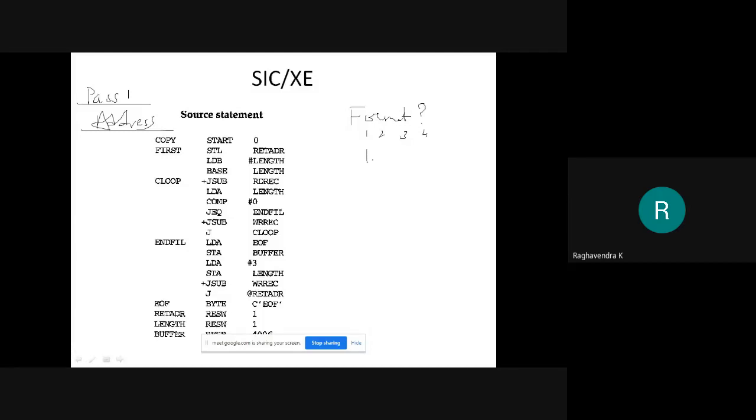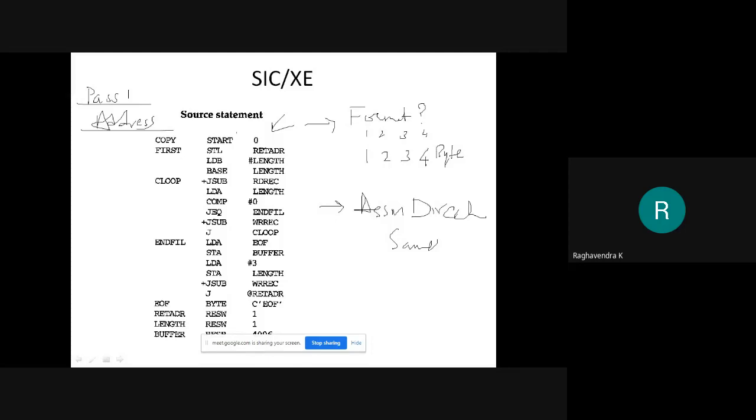Format 1 is 1 byte, format 2 is 2 bytes, format 3 is 3 bytes, and format 4 is 4 bytes respectively. So whenever we are assigning address and incrementing the location counter, we look into what instruction is currently being considered, and accordingly increment the value. Of course, the assembler directives are handled in a similar way as in the SIC standard model. So assembler directives are the same, but instruction formats are different.